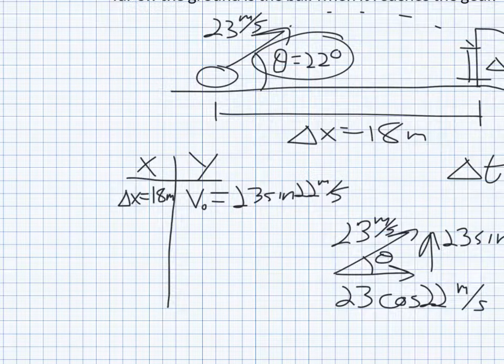Sine, and then cosine for this one: v naught is 23 cosine 22 meters per second. Now you should always be able to do acceleration. They will probably never give you acceleration for a projectile problem because it's intuitive. It's free fall. So in the y direction we have gravity, so the acceleration is 9.8.